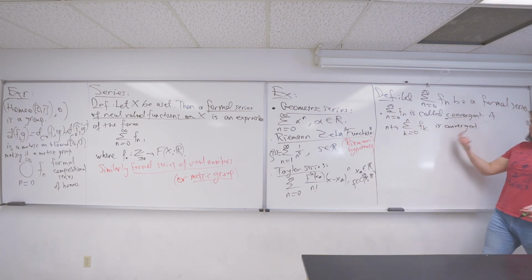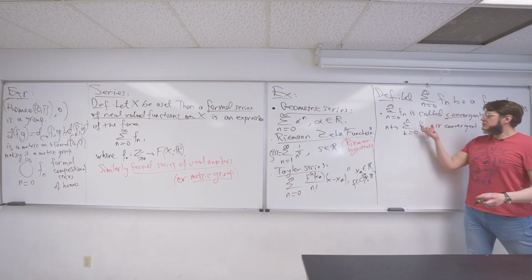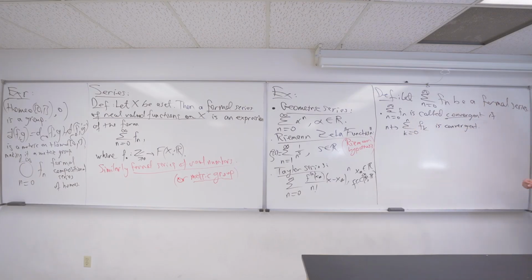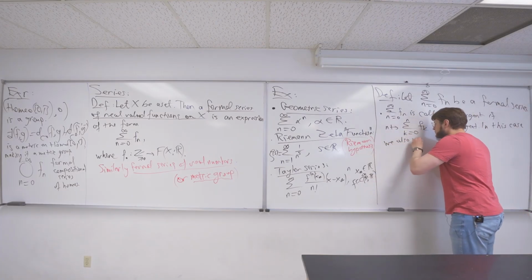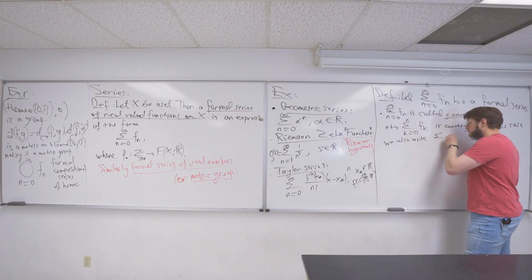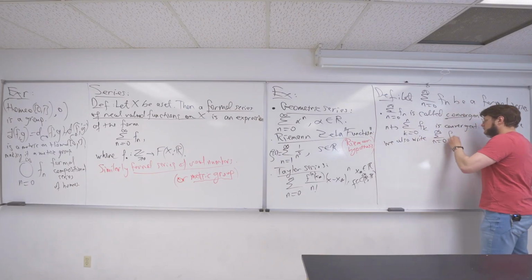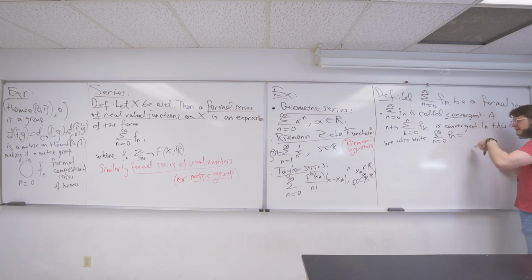Okay? So when you have a formal series that is in fact convergent, it is a true thing, true function, true number, whatever. In this case, we also write, we define this to be the limit of the sum of f sub k.